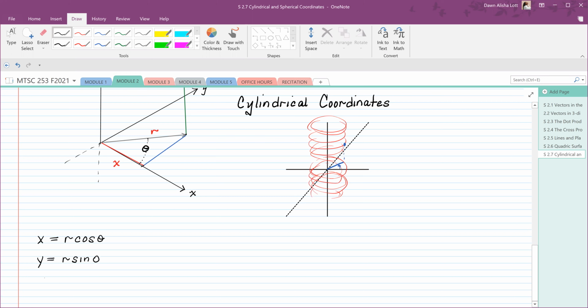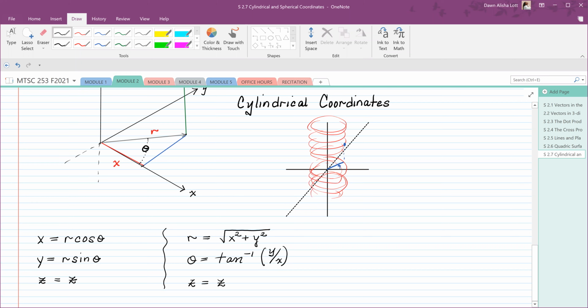And Z is just Z. Similarly, R is still the square root of x squared plus y squared. Theta is still the tan inverse of y over x. And Z still defines the height off the plane.